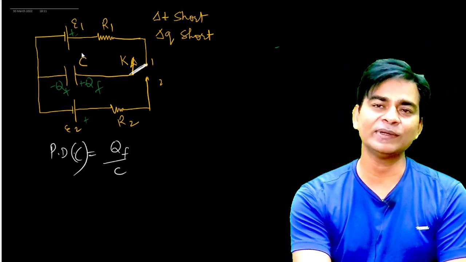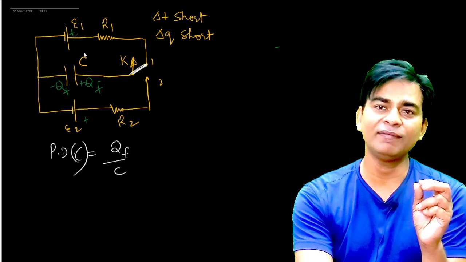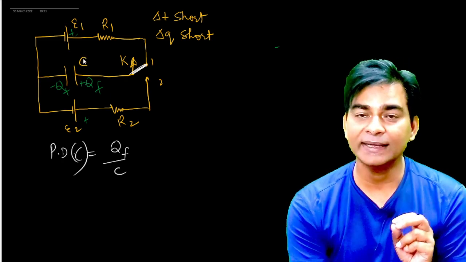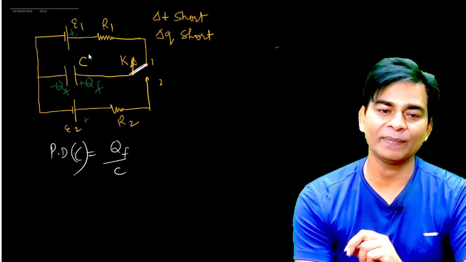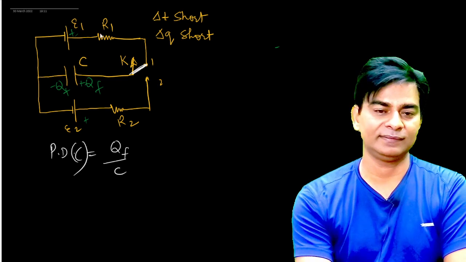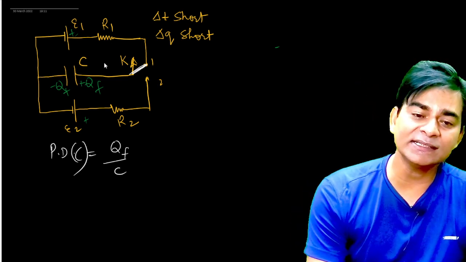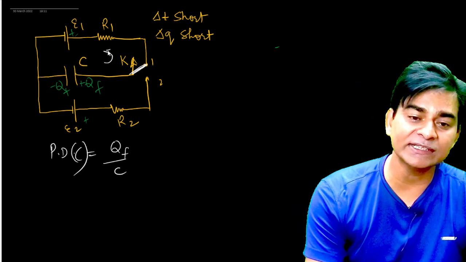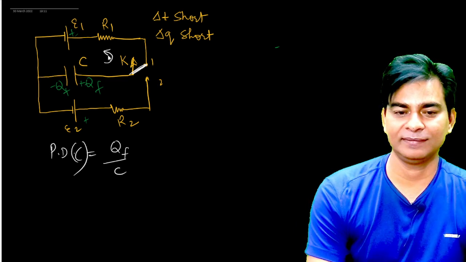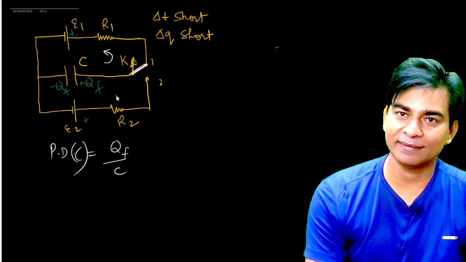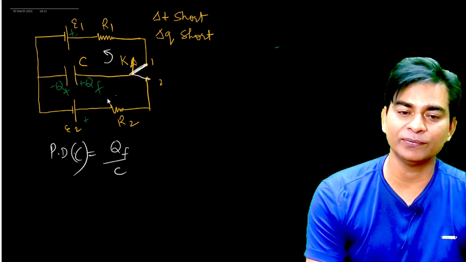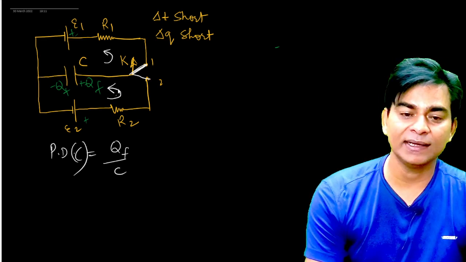It is mentioned in the question that in a very small interval of time the charge will be very small. Whatever charge it loses to this battery, it will gain from here when this is connected to 2. That amount of charge it will take from here.